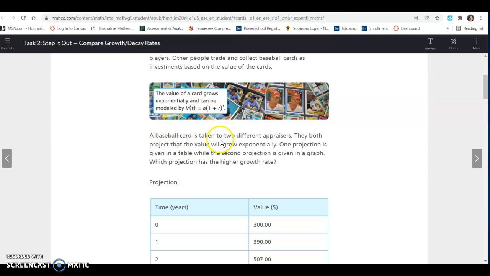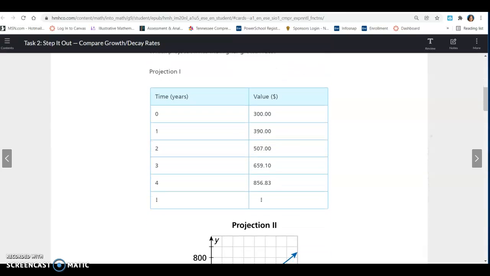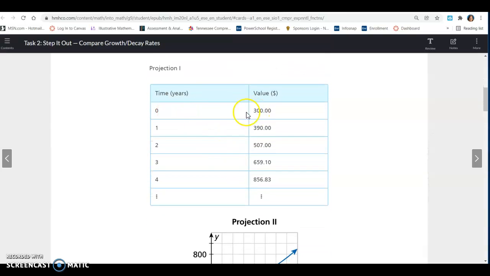A baseball card is taken to two different appraisers. They both project that the value will grow exponentially. One projection is given in a table while the second projection is given in a graph. Which projection has the higher growth rate? All right, so projection 1 gives us the ordered pairs. You can see at year 0, the value is 300, so that's the initial value here.